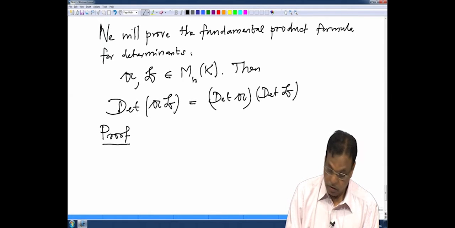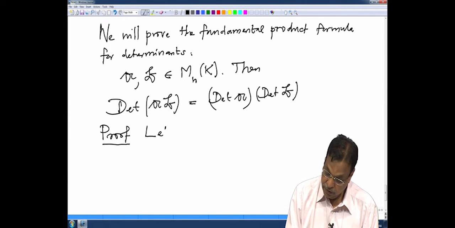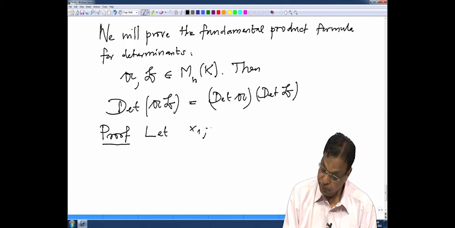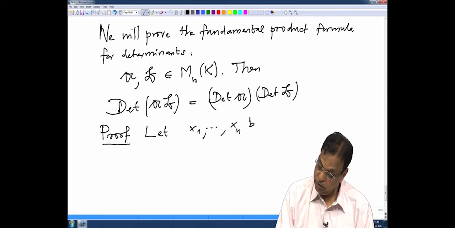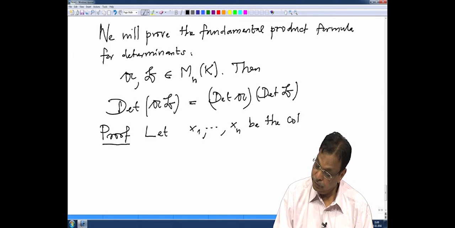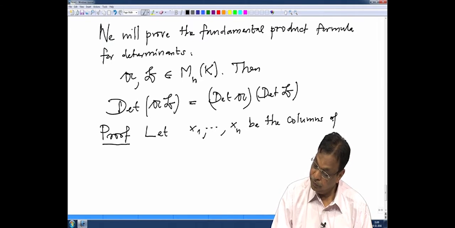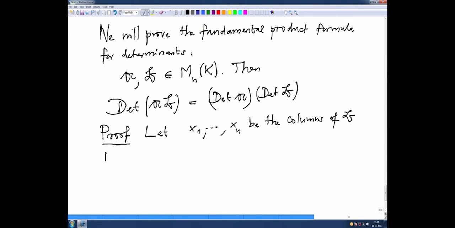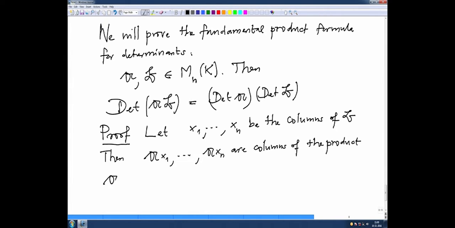So, let x1 to xn be the columns of B. Then A x1, ..., A xn are the columns of the product AB. That is how matrix multiplication is defined.